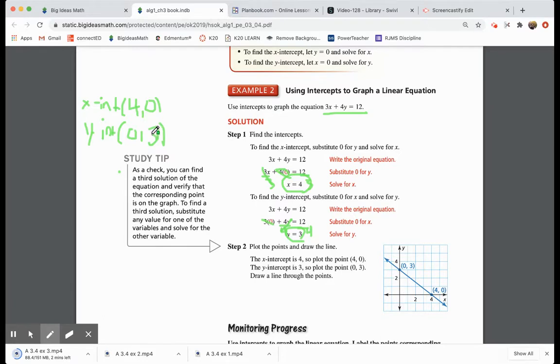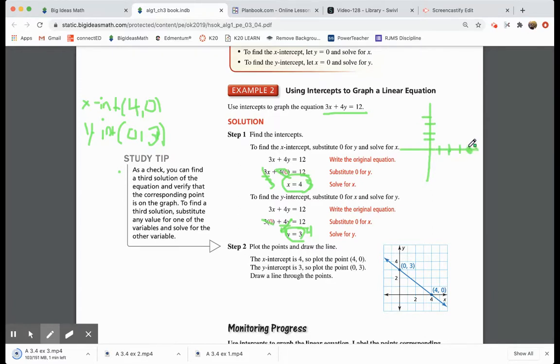I now can take these 2 points and graph them on a coordinate grid. You don't have to draw a fancy one, just draw it like this, and then draw some little dashes for lines. Okay, the x-intercept is the point 4, 0. So I go over 4, 0, put a point.